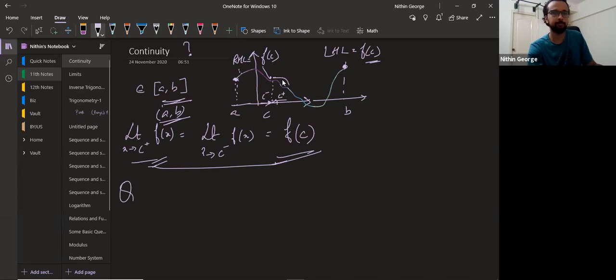Yeah, check this question. Talk about the continuity of this function, mod x by x at x equal to 0.